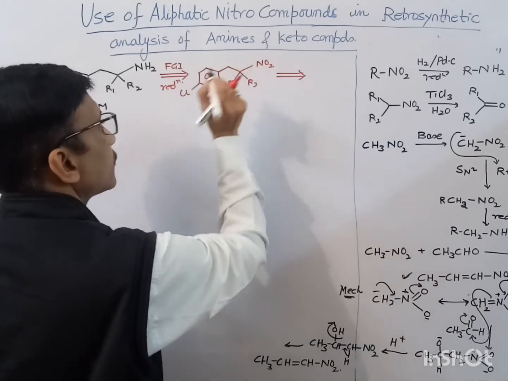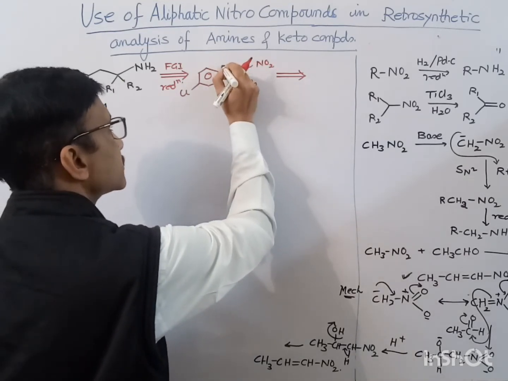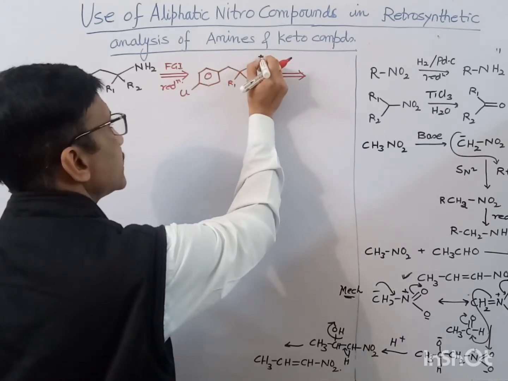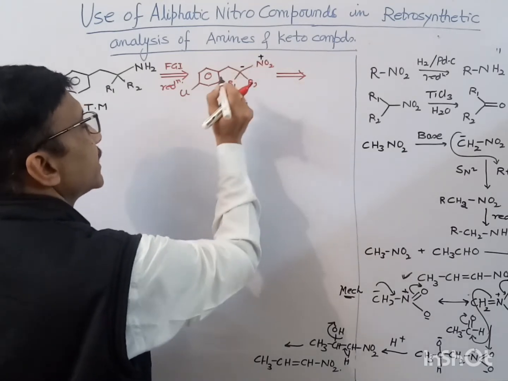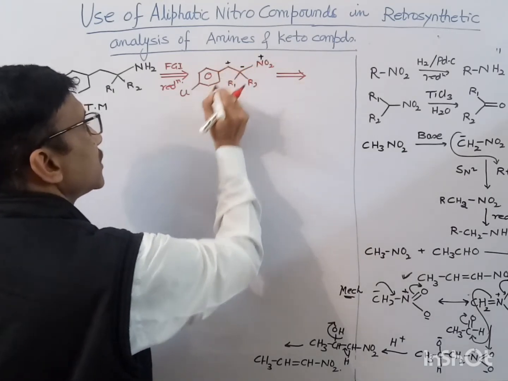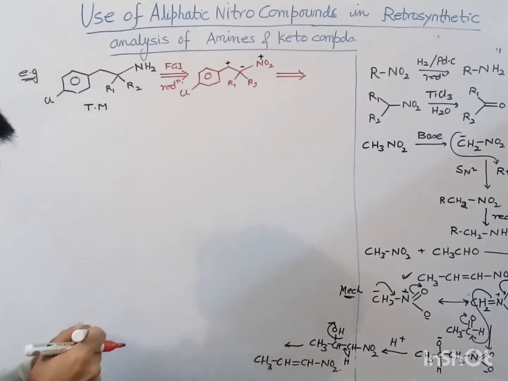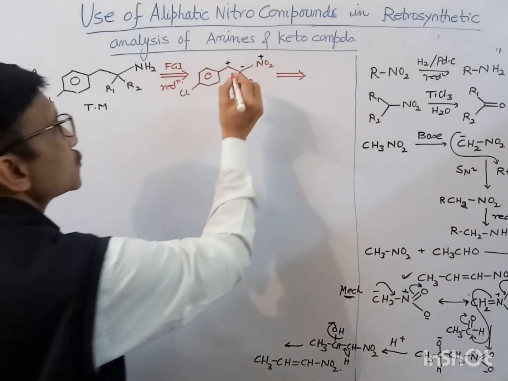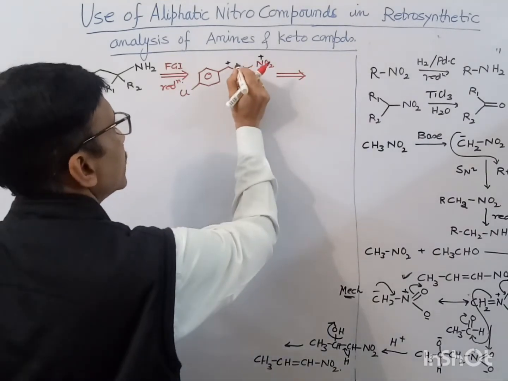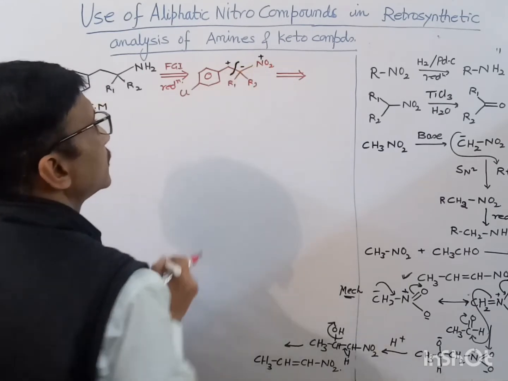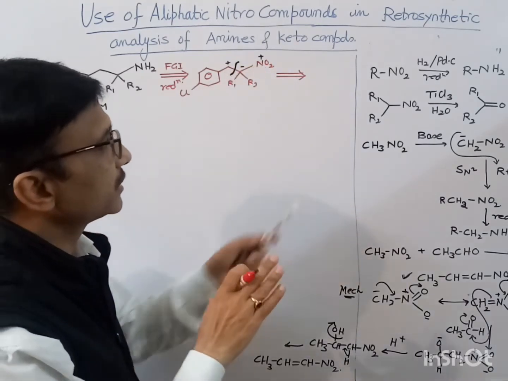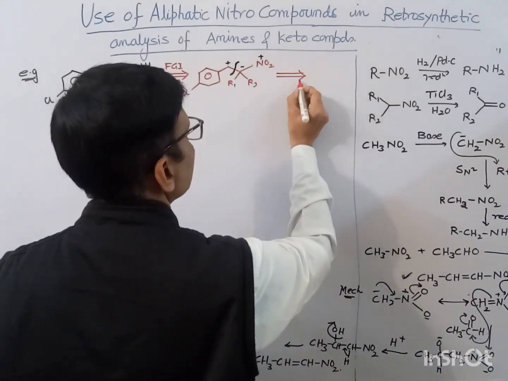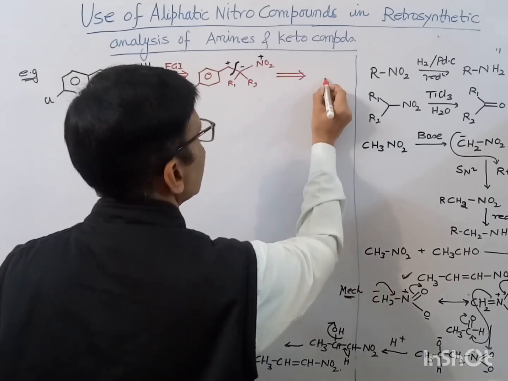We will not disconnect it from here, and we will not disconnect it from here either. The nitrogen has the positive charge, so this will have the negative charge. We know some of the reactions of this nitro compound, so we should disconnect it from here. Keeping in mind these reactions, you can write the synthon that you will get, one of the synthons.